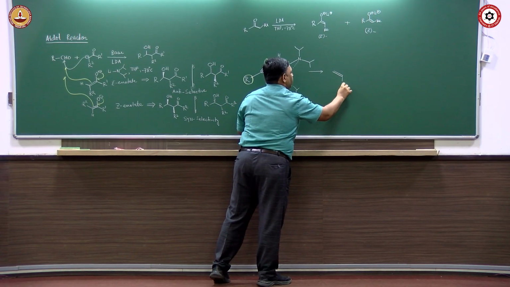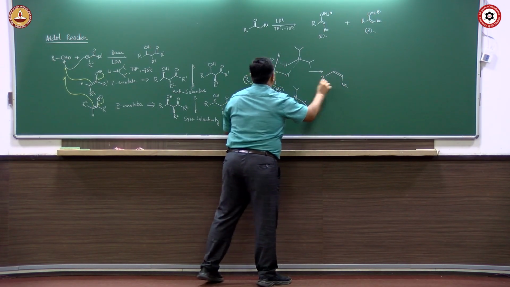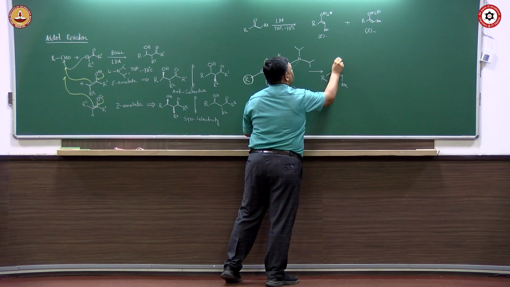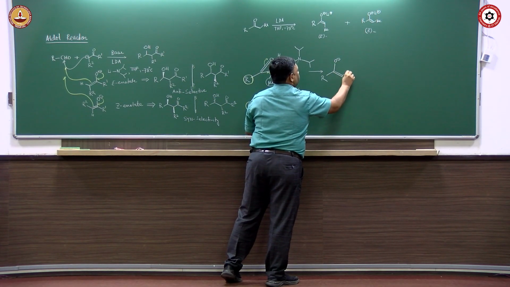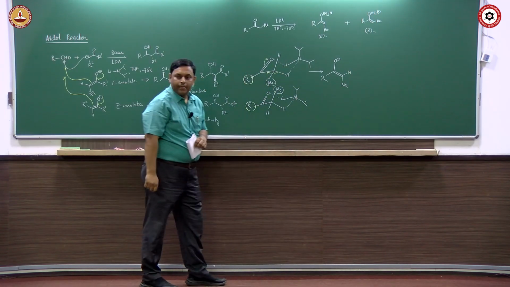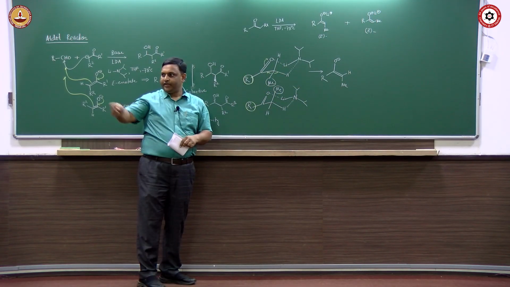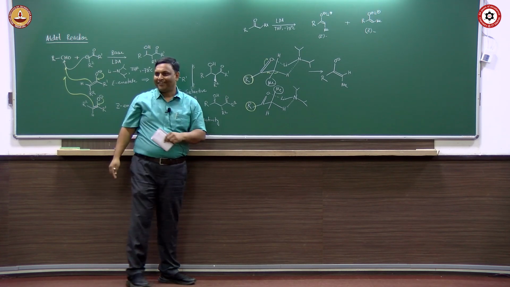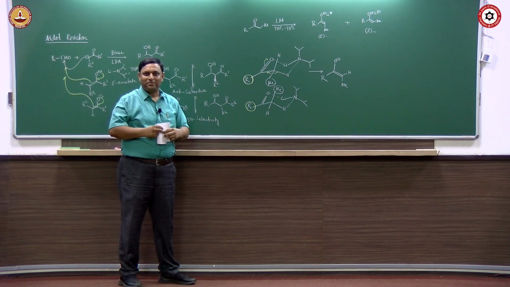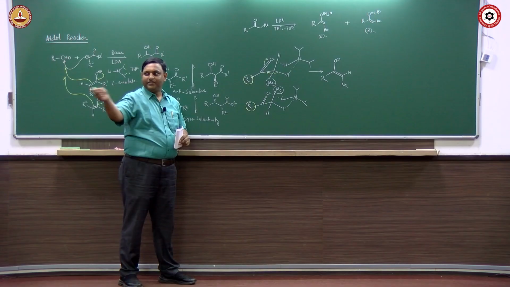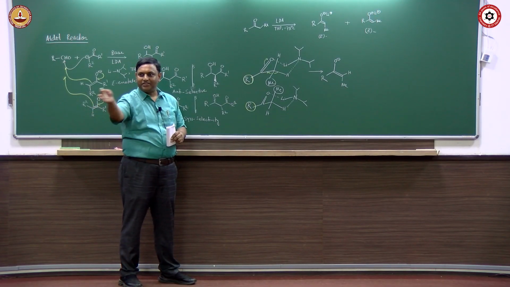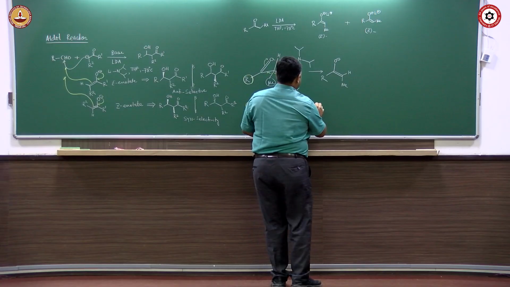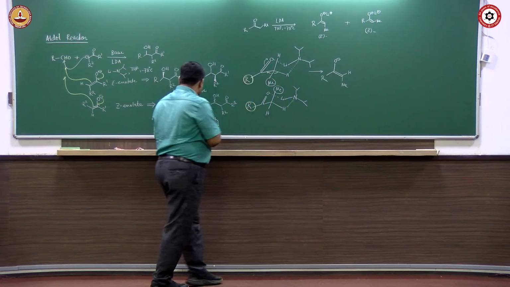That means the methyl here and R here, and on the other side you get O minus, and there is a hydrogen. Okay, you guys can see from that side.